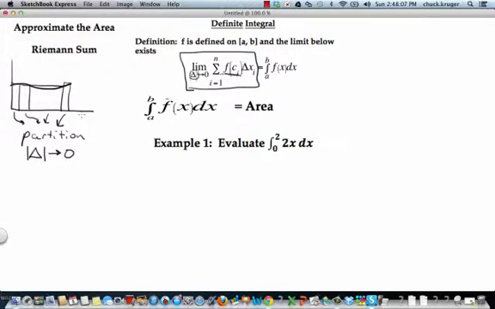Maybe it's a left endpoint, maybe it's a right endpoint, maybe it's a middle point, but it's somewhere between there. And then you have this delta x sub i, and the reason it's sub i here is because it's between differing partitions, so it's not necessarily of equal length, but it's heading towards 0.